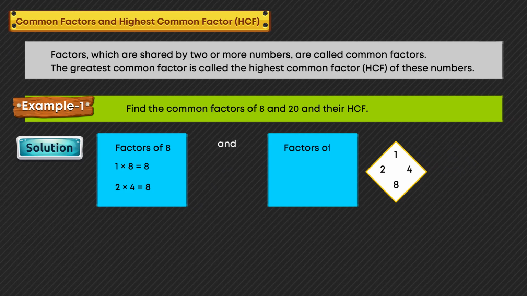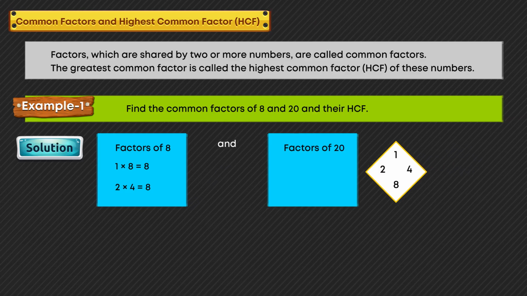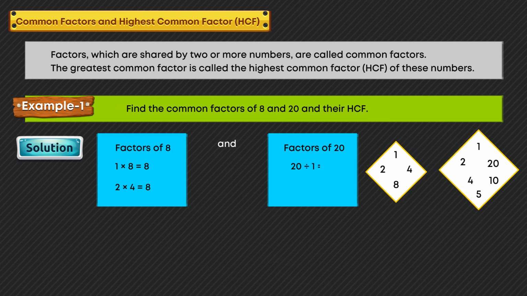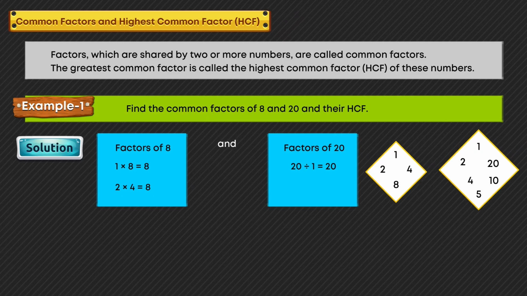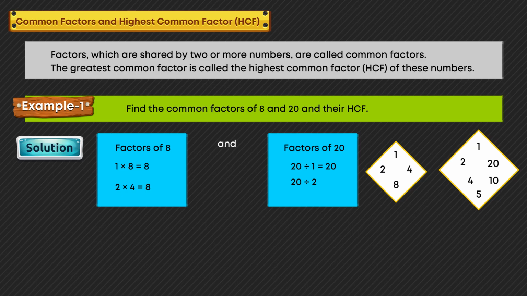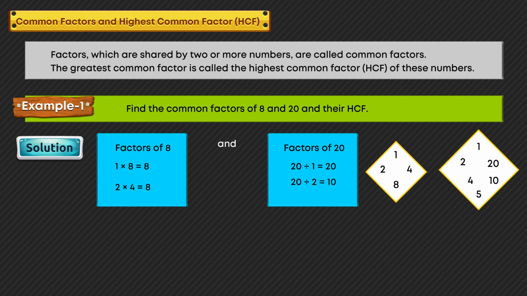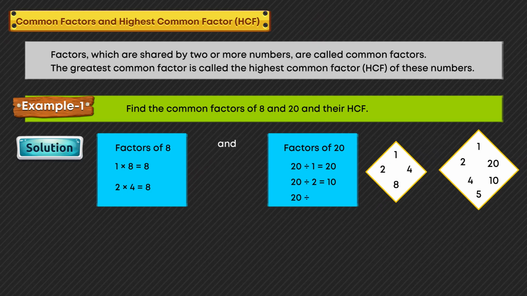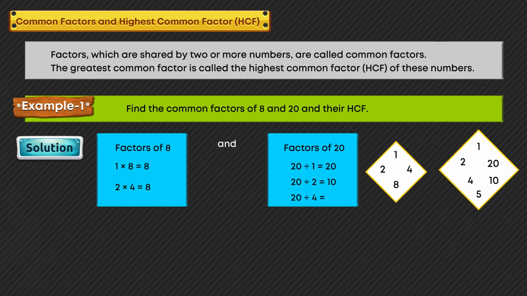And factors of 20. 20 divided by 1 is equal to 20. 20 divided by 2 is equal to 10. 20 divided by 4 is equal to 5.